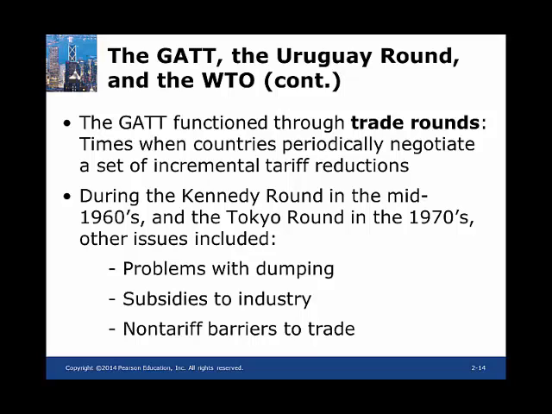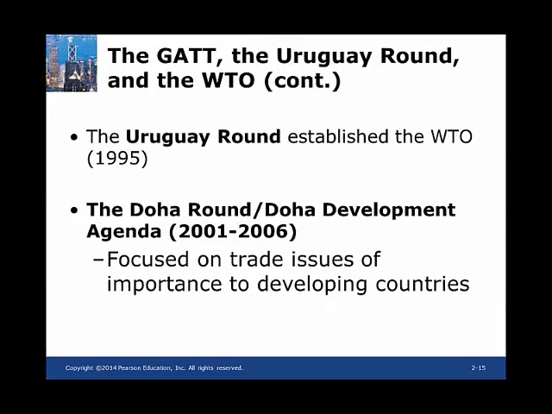During the Kennedy Round in the mid-60s and the Tokyo Round in the 1970s, other issues included problems with dumping, subsidies to industry, and non-tariff barriers to trade.